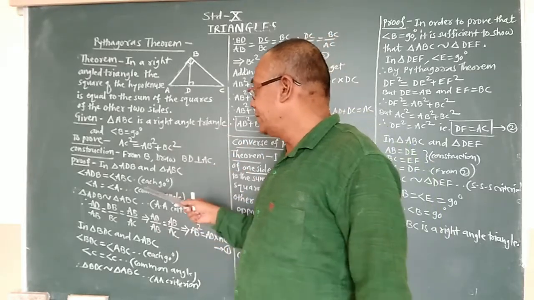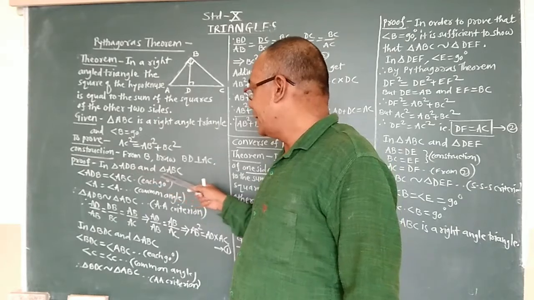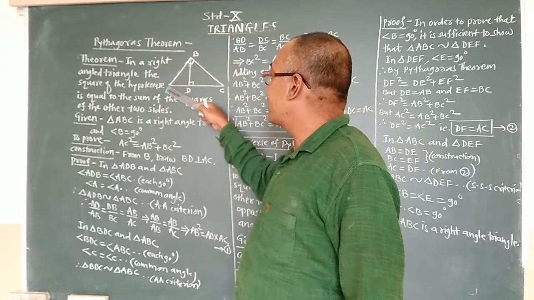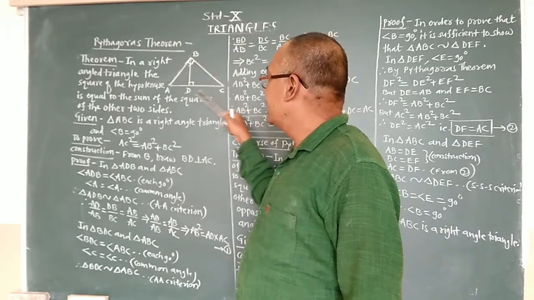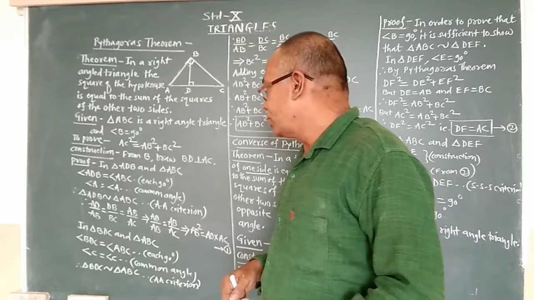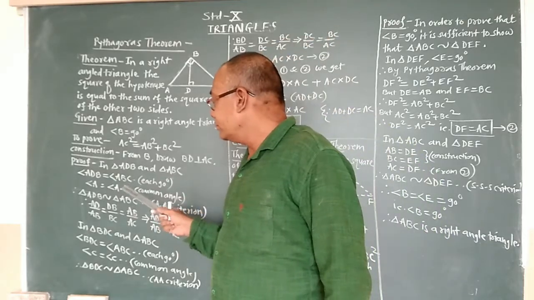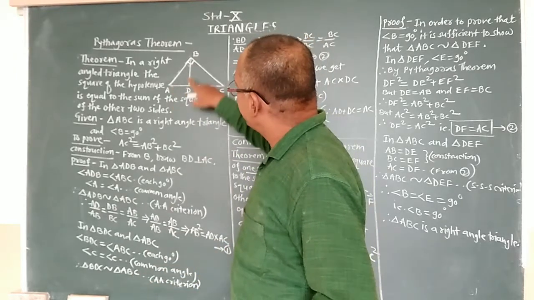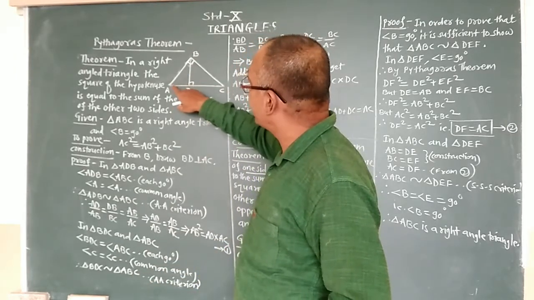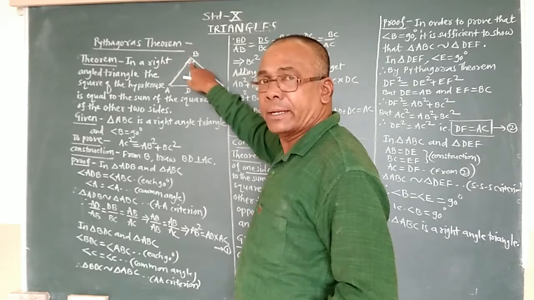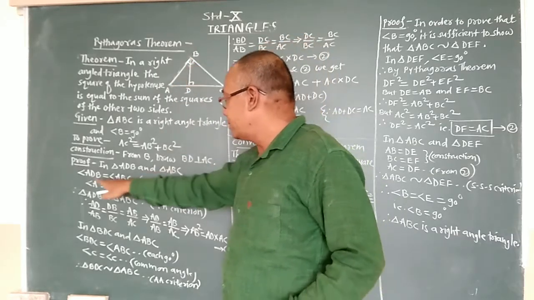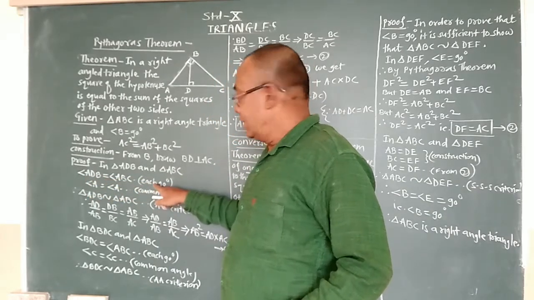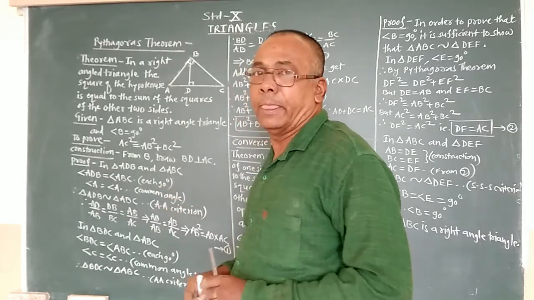So first of all we will see triangle ADB and triangle ABC. We know that in triangle ADB angle D is a right angle, and in triangle ABC B is the right angle. So angle ADB equals angle ABC, and the reason is each 90 degree.